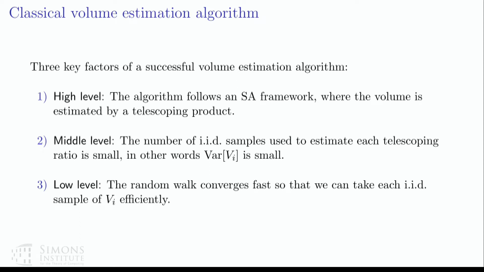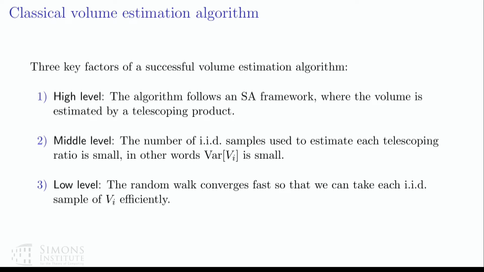In other words, it is very important that the variance of the random variable is very small. And for the low level, we have to think about the implementation of the corresponding walk. In particular, it requires that the random walk converges fast such that we can efficiently take IID samples. So this is basically the rough story about a volume estimation algorithm.